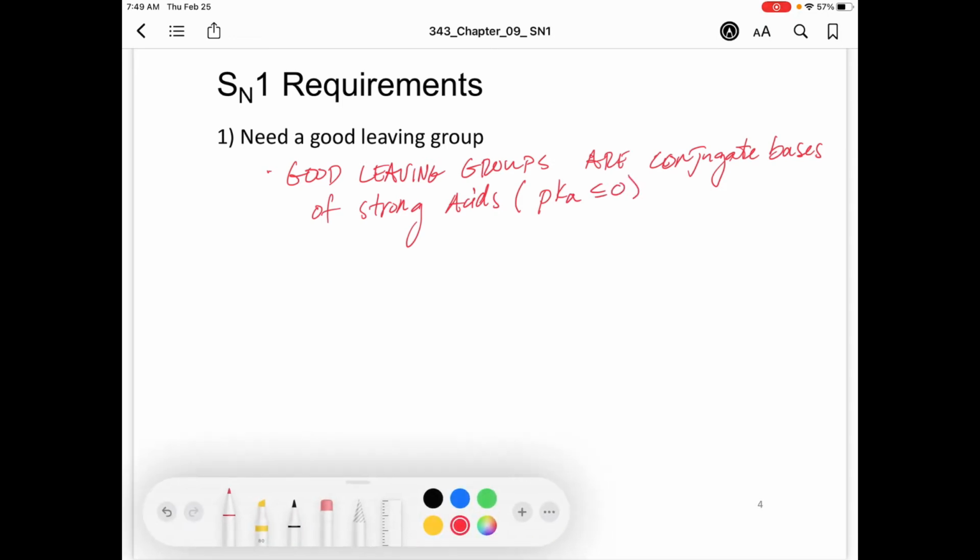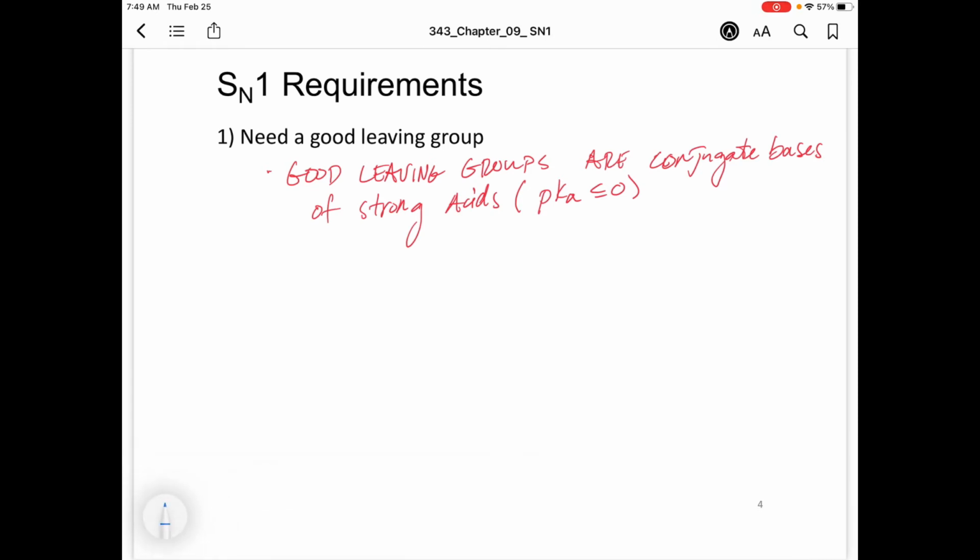Okay, so let's write some out. What are good leaving groups? Let's give some examples here. So Cl- was in our previous example. Cool. All right. Br- is a great leaving group. I-, then we have tosylate. Tosylate looks like the following. It is a sulfonate derivative here.